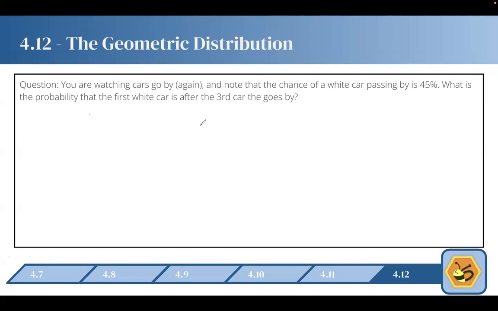But I think an even easier way to do it would just be to say, okay, well, all we're looking for really is that the first 3 cars are failures. We agree? So it doesn't really matter what happens after this, right? As long as the first 3 cars are failures, we're good. So in order to find the first 3 cars being failures, all we need to do here is just say 0.55 to the 3. And that's going to give us the probability that the first 3 cars are failures, right?